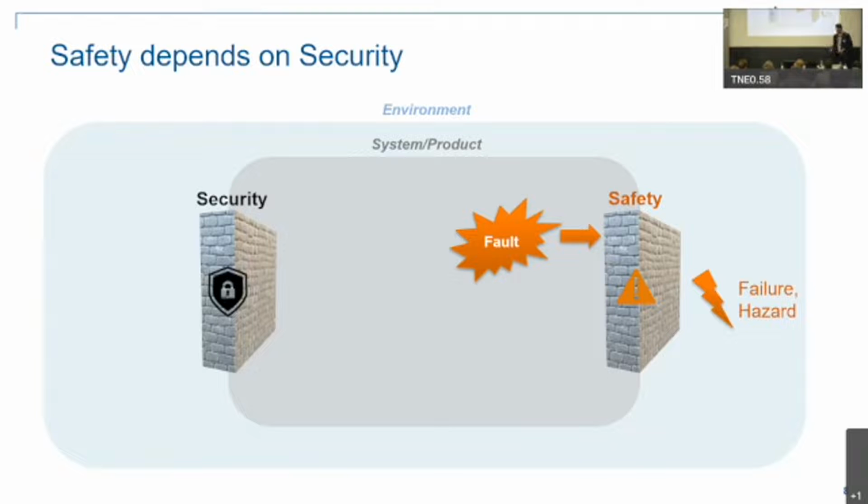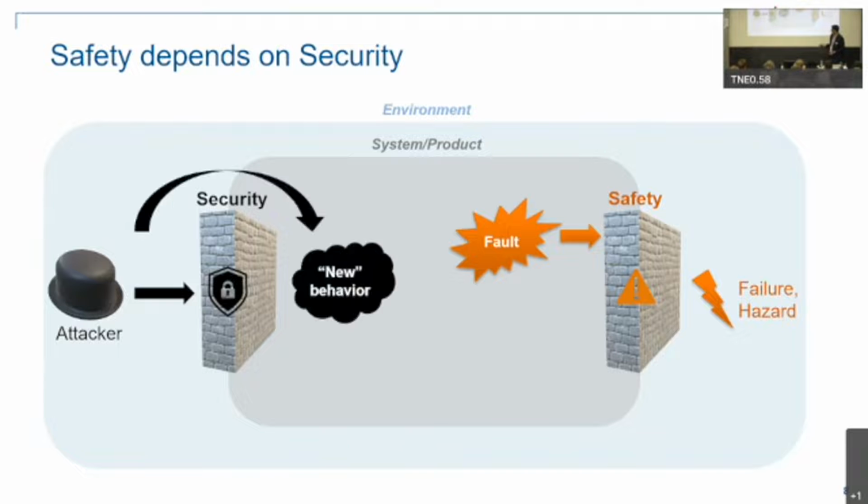And then we have the definition of security. Here, security is about protecting the system from the environment. In this case, you can have an attacker, like we have seen before, that is outside of the system. If the attacker can overcome the security wall that you have there, this will create a new behavior in the system, and you are not aware of what this new behavior will do.